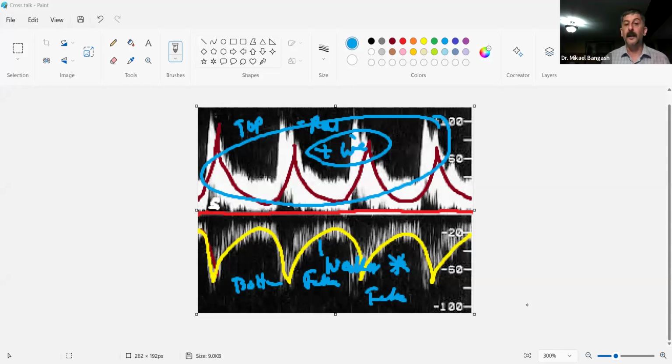It is not spectral broadening. Clear. This was an example of crosstalk, which we later also refer to as mirror imaging.